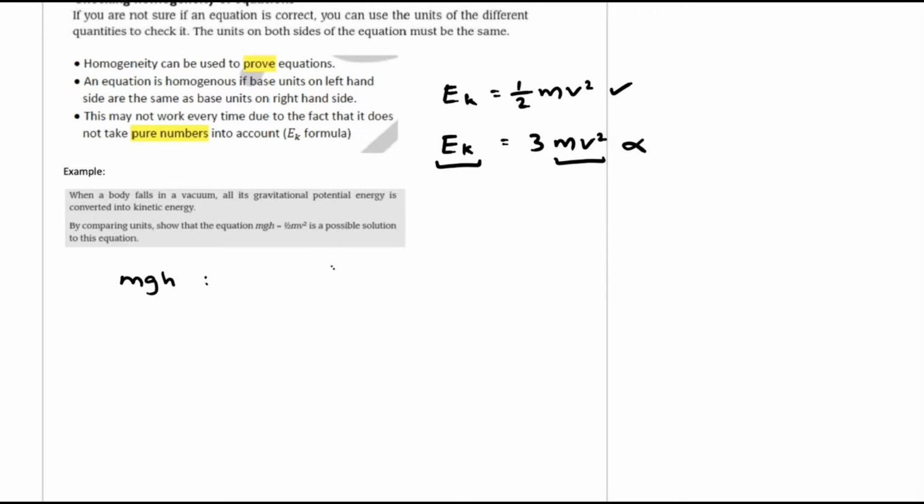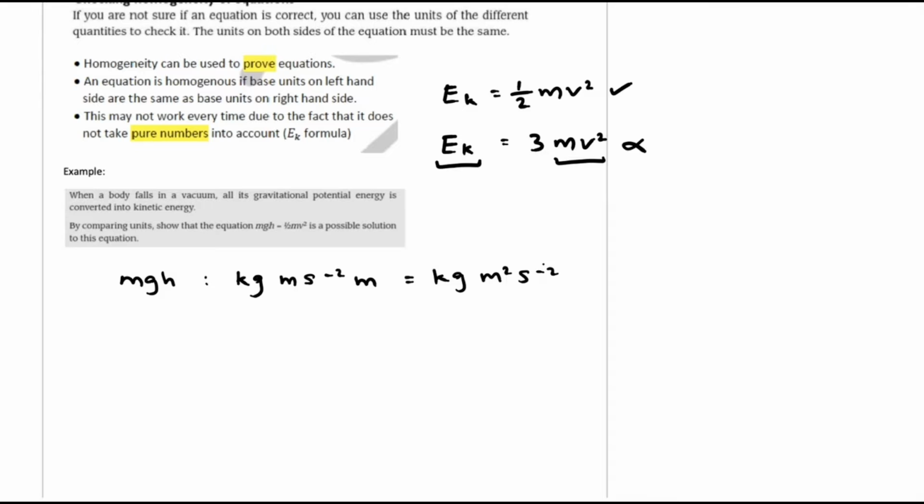The unit for m, of course, is kg. The g here is gravitational acceleration, so the unit of acceleration, m s negative 2. The h here is m. If I multiply all this, I will get kg m squared s negative 2.